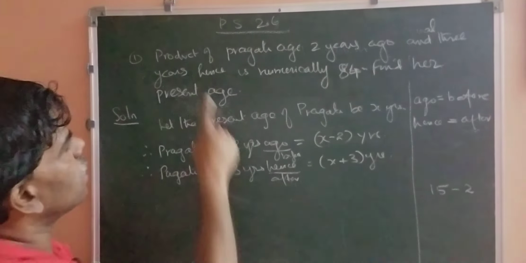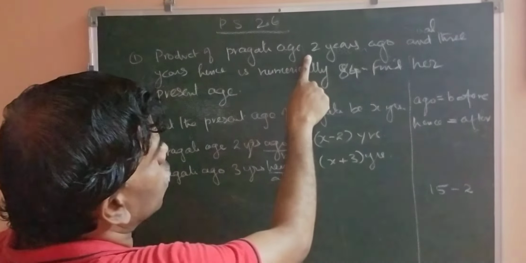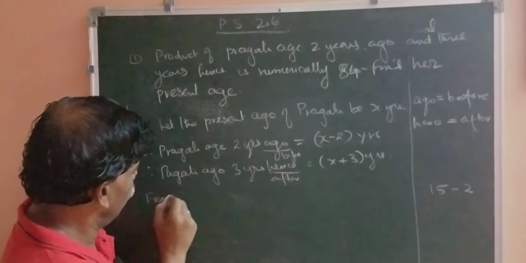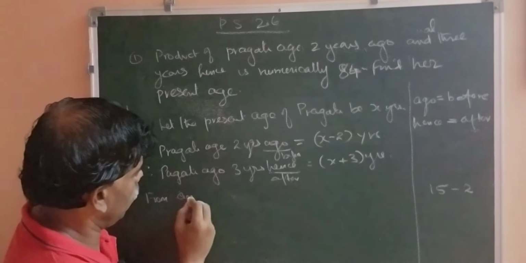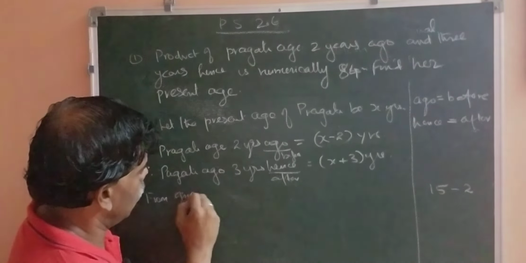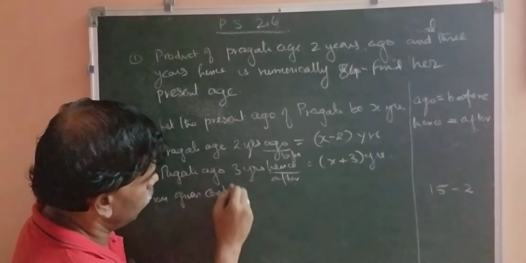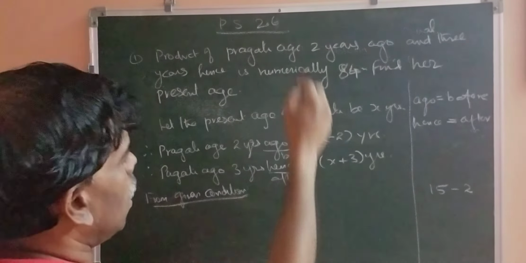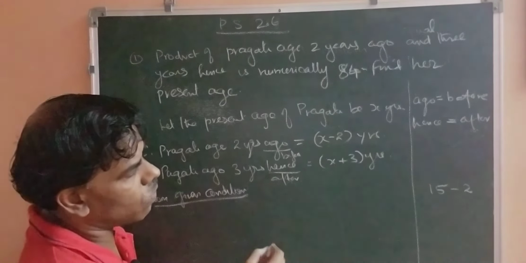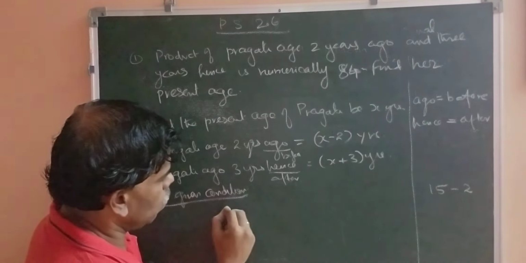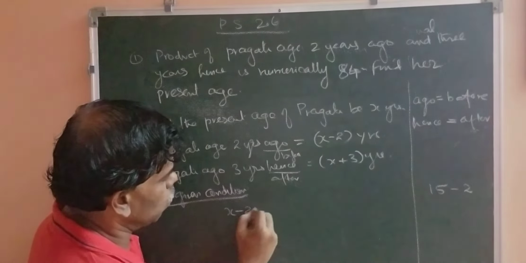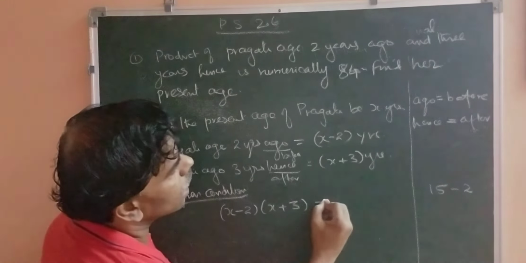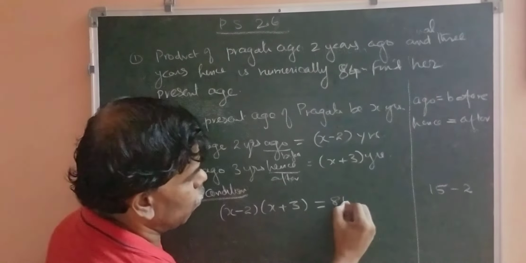Now what they say, product of age 2 years ago. So from given condition, product of age. So product of age means what? Multiplication. So X minus 2 into X plus 3 is 84.